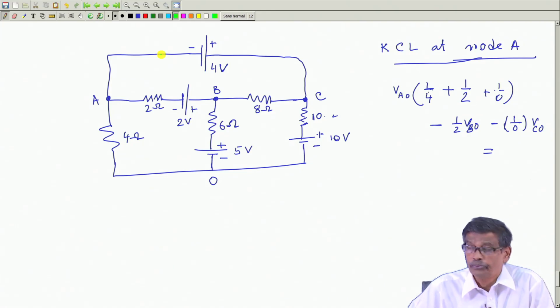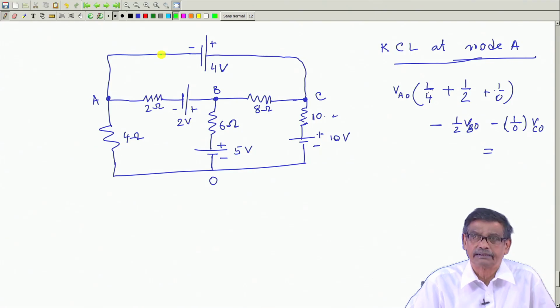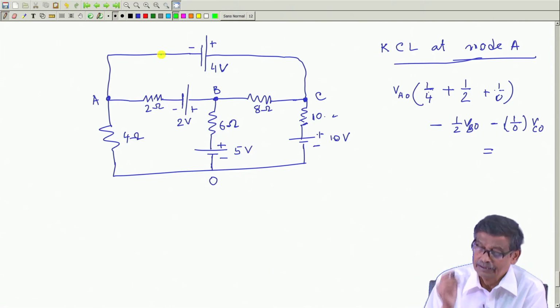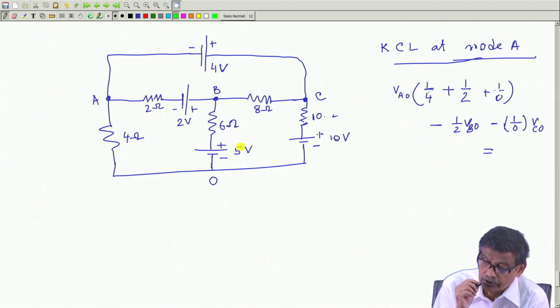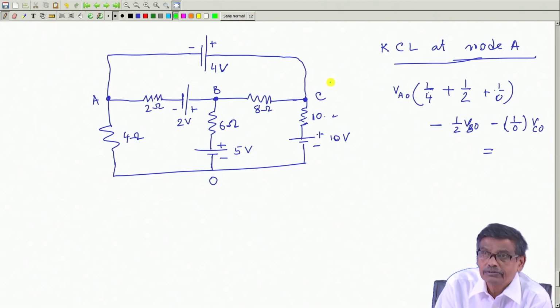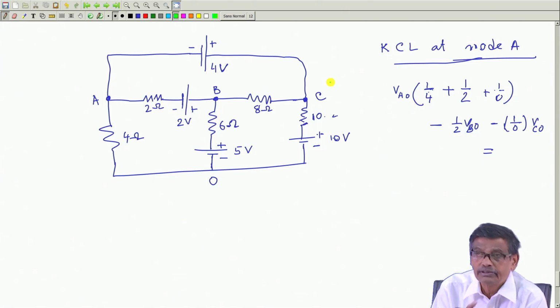One way of doing this I am telling you, but you really do not do that. To avoid such a complication, that point I will take later, but now let us see what to do. Here, as I told you, there are 4 nodes. You can choose any of the nodes as your reference. Here comes the point.